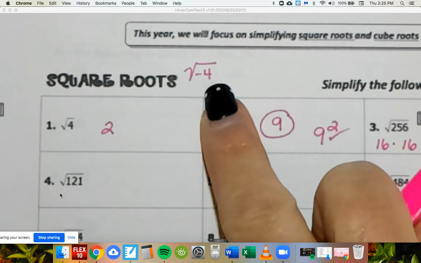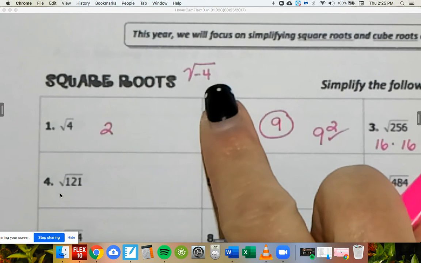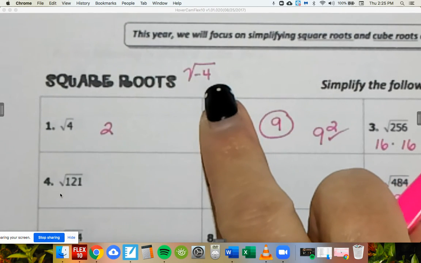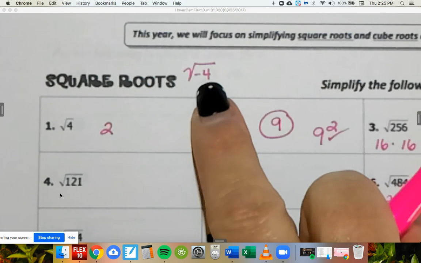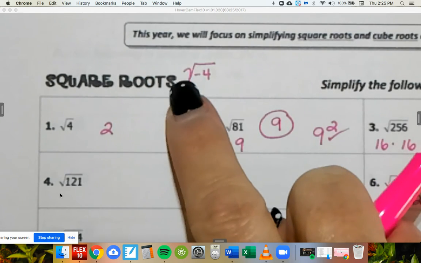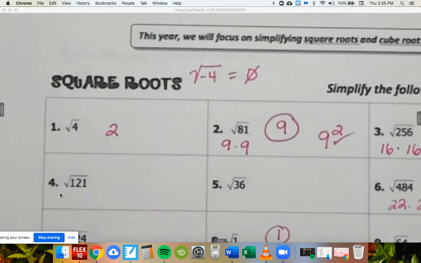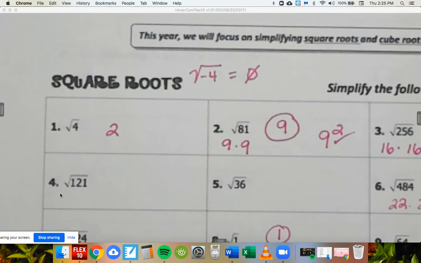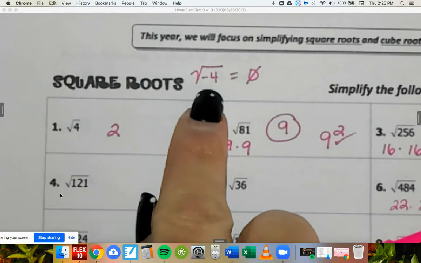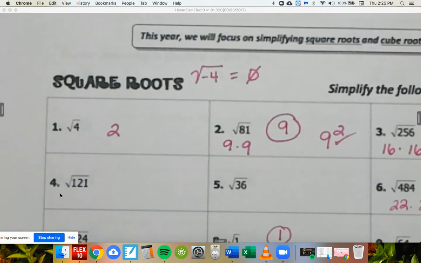And maybe some of you are thinking, well, what about -2? No, that's not going to work, because -2 times -2 is +4. So you can't do it. You cannot take the square root of a negative number. No solution. Null set, empty set, not possible. Call it whatever you want. It can't be done. So for square roots, you cannot have a negative number in there. That's not going to work.